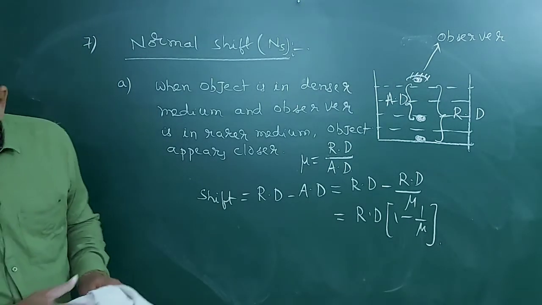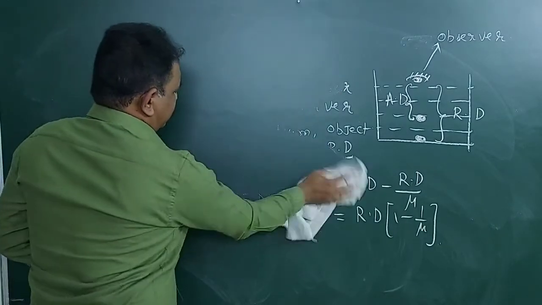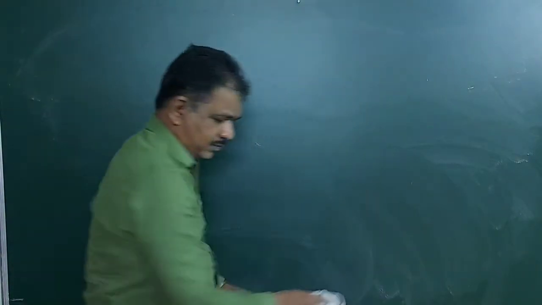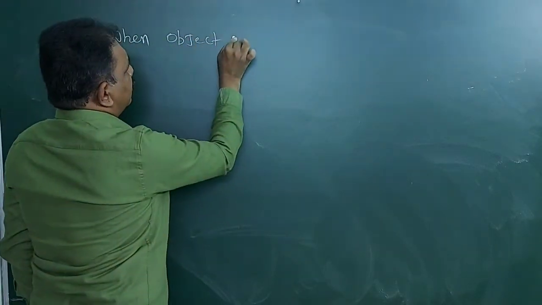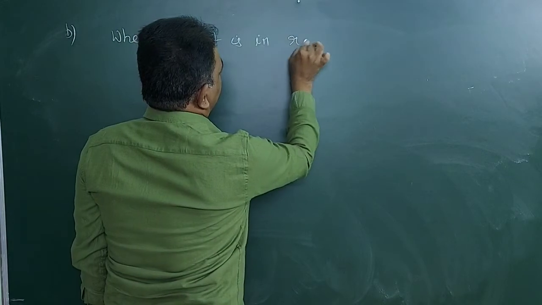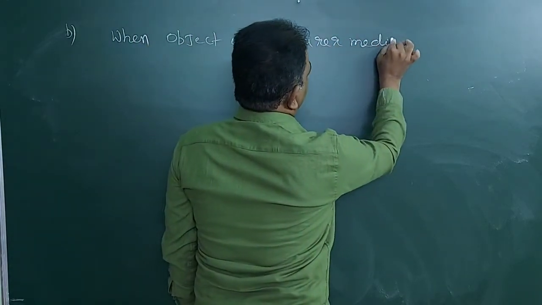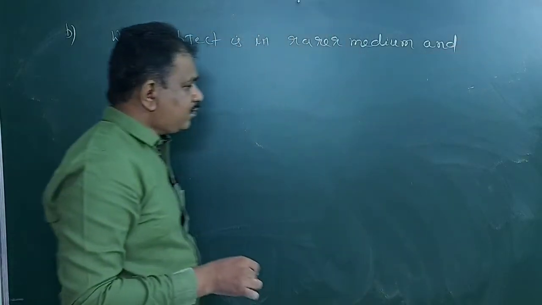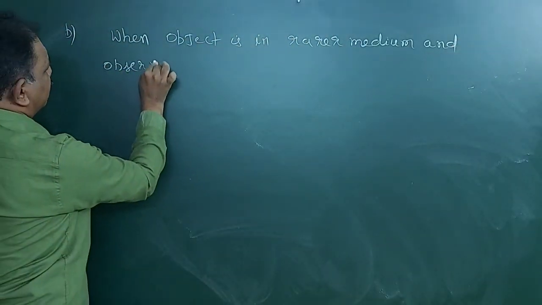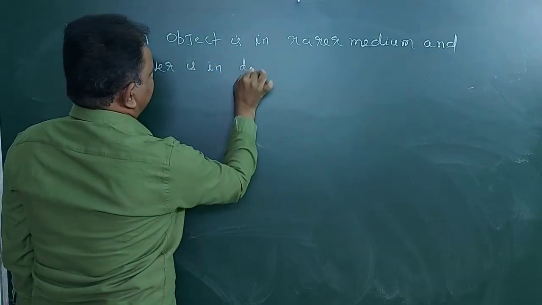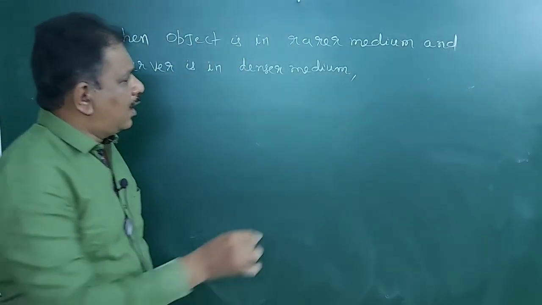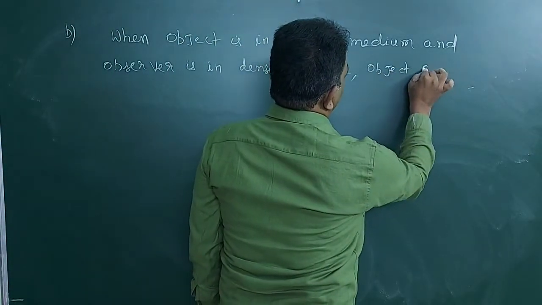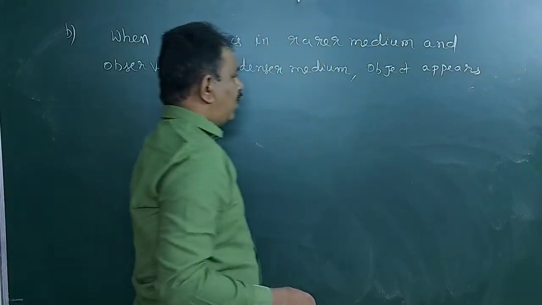Next, when the object is in a rarer medium and the observer is in a denser medium, at that time the object appears farther.